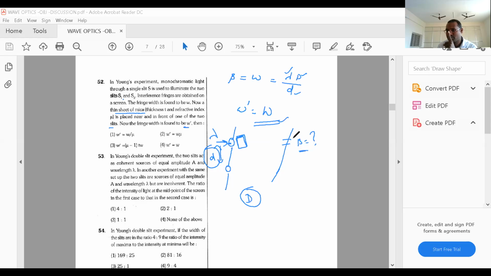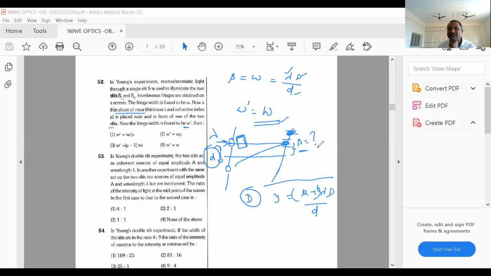Remember this important point; students get confused here. In previous classes I told you that these fringes will shift upward by a distance of mu minus 1 into lambda capital D by small d, into t. This much it will shift up, but the width of each fringe doesn't change.